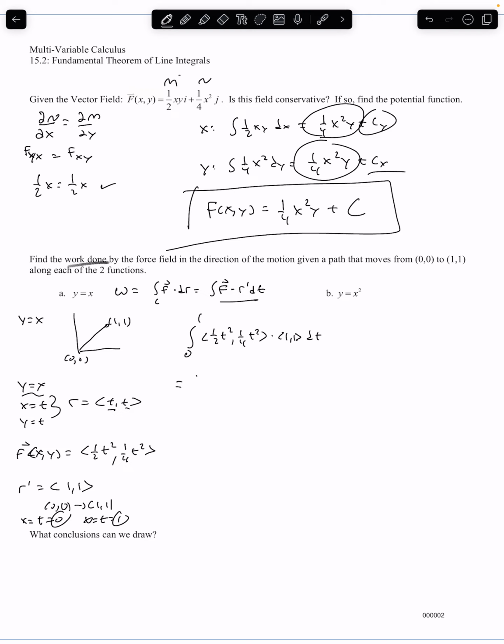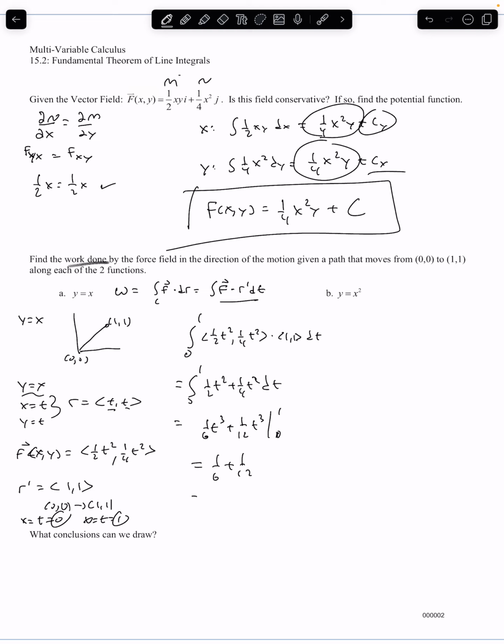Evaluating this is going to become the integral of 1/2 t squared plus 1/4 t squared. If we integrate that, we get 1/6 t cubed plus 1/12 t cubed dt, going from 0 to 1, and that's going to give us 1/6 plus 1/12.